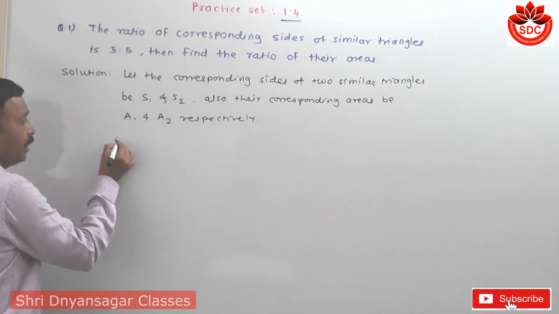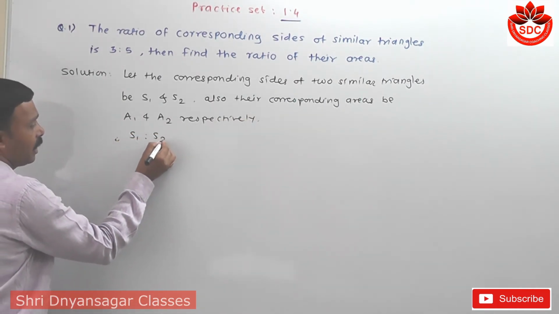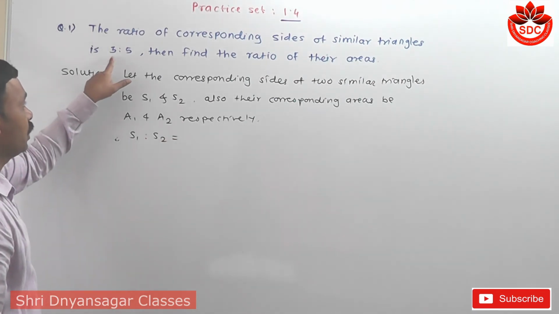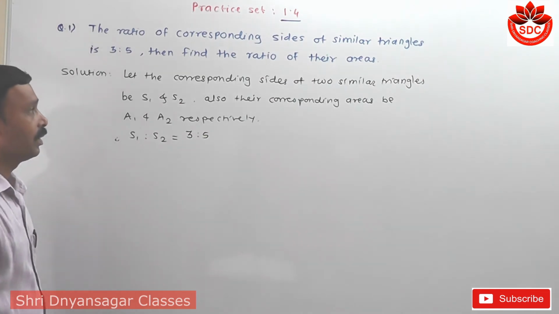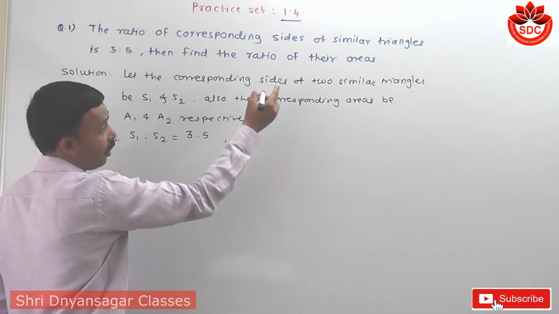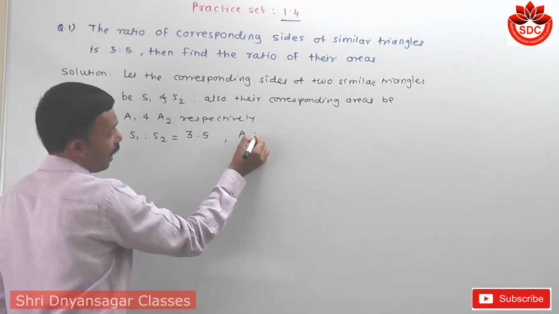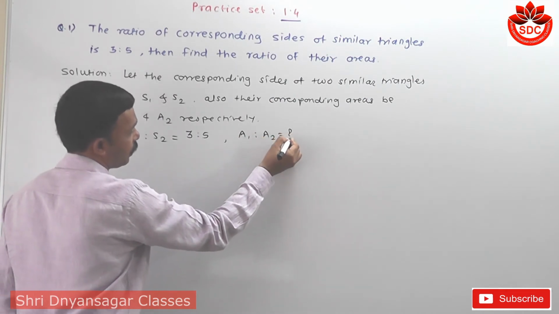So that in the given, S1 is to S2 is equal to the ratio of their corresponding sides, 3:5. We have to find the ratio of their areas, meaning A1 is to A2 is equal to question mark.